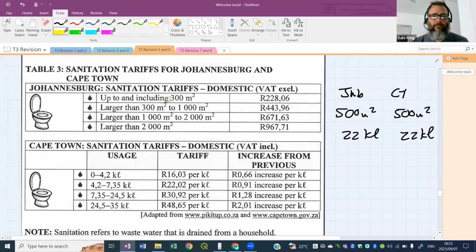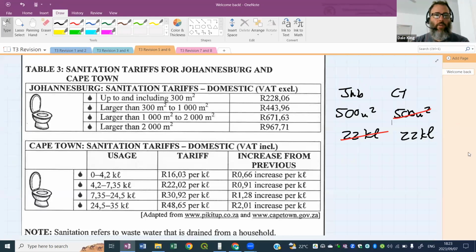So do we need to even worry about this 22 kiloliters for Johannesburg? No, you're just doing the calculations for Cape Town. So the 22 kiloliters is for Cape Town. The 500 meters squared is for Joburg. So I'm going to cross out here. We don't worry about area in Cape Town, just the kiloliters. In Joburg, we worry about area. So let's do the Joburg one first.